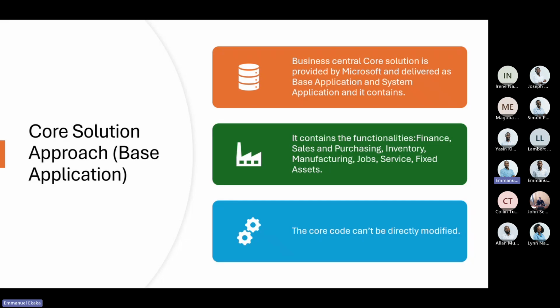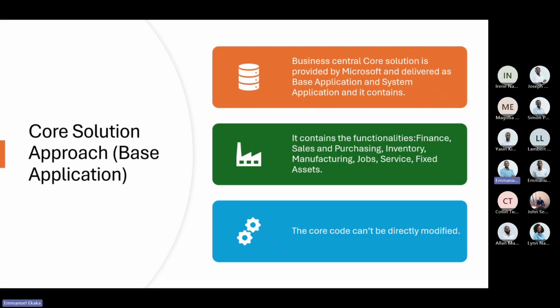The core solution approach. Business Central core solution is provided by Microsoft and delivered as the base application and system application, as I talked about earlier. Then the core of Business Central contains functionalities of finance, sales, purchasing, inventory, manufacturing, jobs, services, and fixed assets.